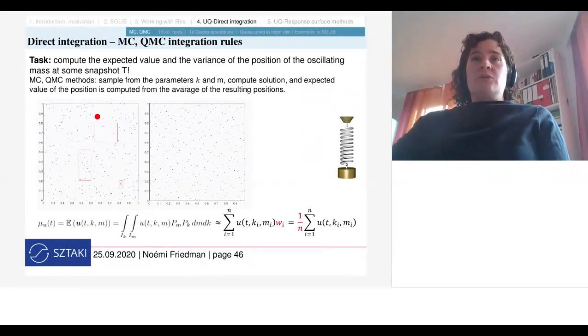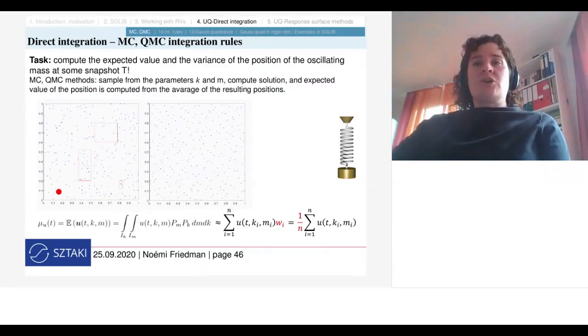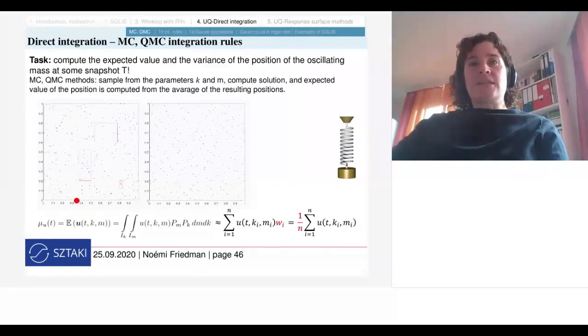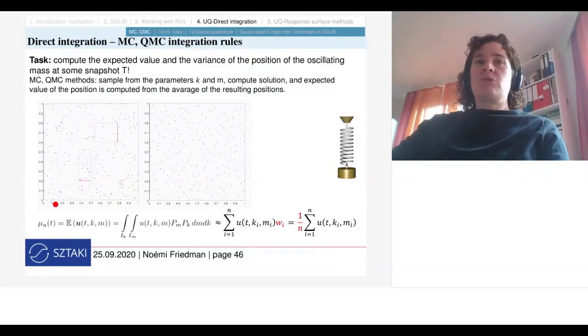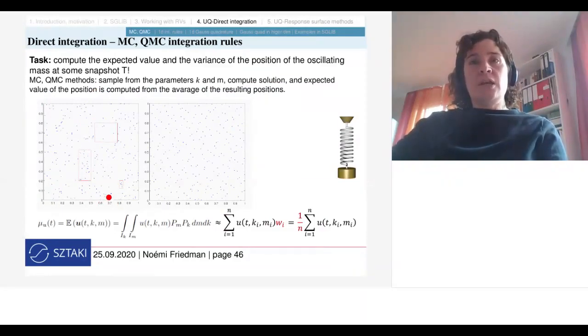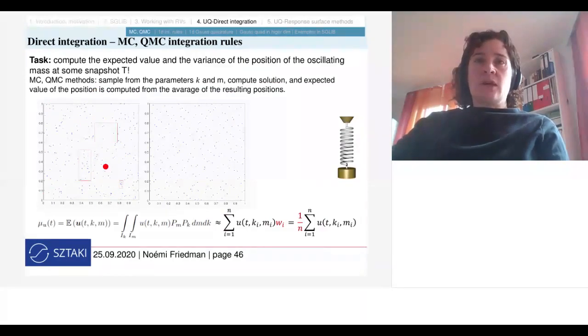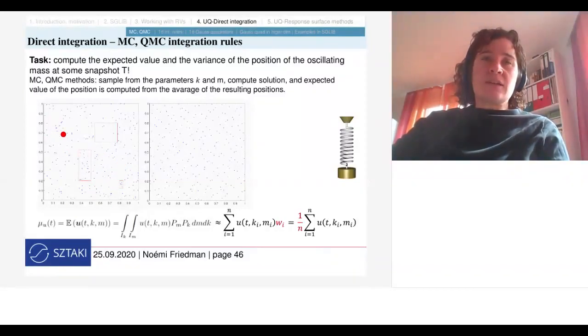Okay, so Monte Carlo method, I'm just throwing samples. This is K, this is M, and I'm throwing samples, and I have to run the solution with those samples. The problem is, as Professor Mattis explained already, that there are some regions which stay completely empty, and there are some other places where the points are quite clustered.